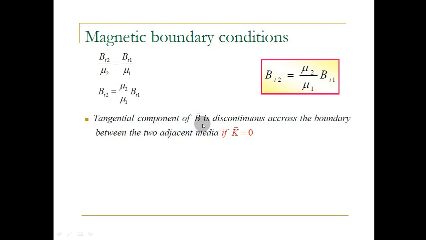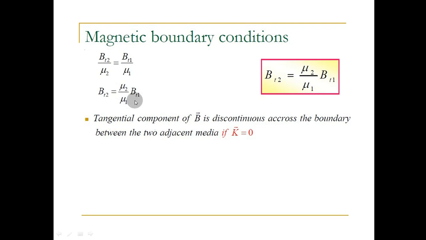The same thing will occur for the tangential component, because we have already understood that magnetic flux density is nothing but the product of permeability and the magnetic field intensity. We are using isotropic media, as the syllabus considers isotropic media, so B is proportional to H. The magnetic flux density is proportional to magnetic field strength, so all these will be identical.